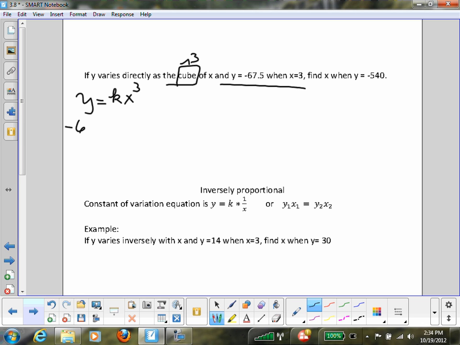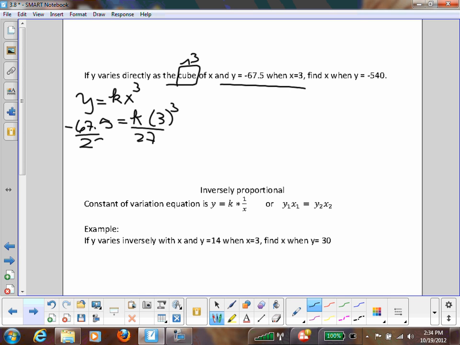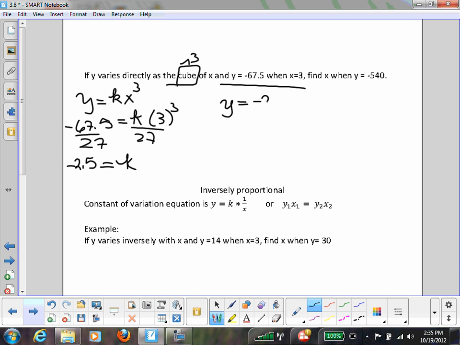So negative 67.5 is equal to k times 3 to the third. So divide both sides by 27. And what does k equal? So that means y is equal to negative 2.5 x cubed.